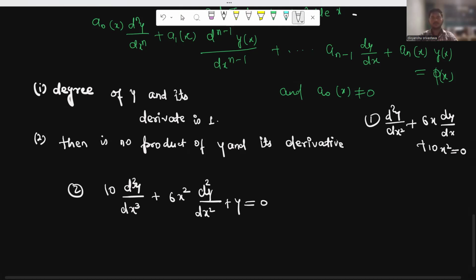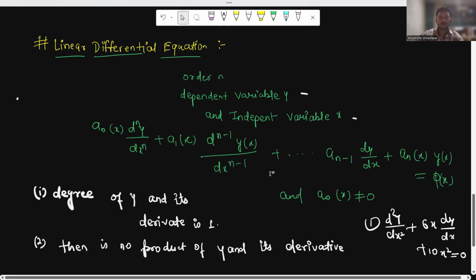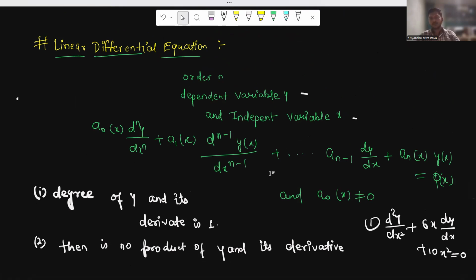This is a linear differential equation. The second example is 10 d^3y/dx^3 plus 6x^2 d2y/dx^2 plus y equal to 0. This is also a linear differential equation. So first be aware of what a linear differential equation is: when you have order n, a dependent variable y and an independent variable x, this is the representation of a linear differential equation.